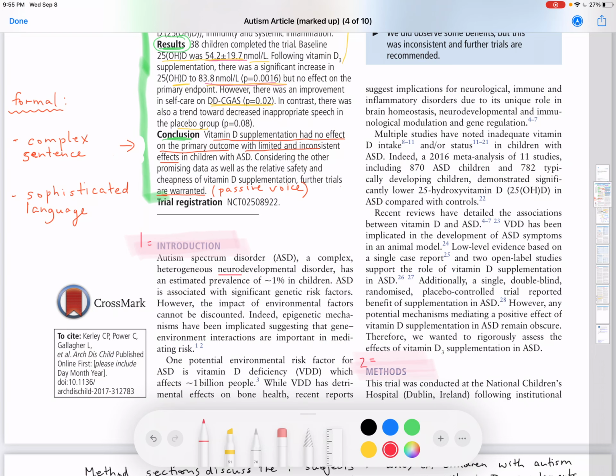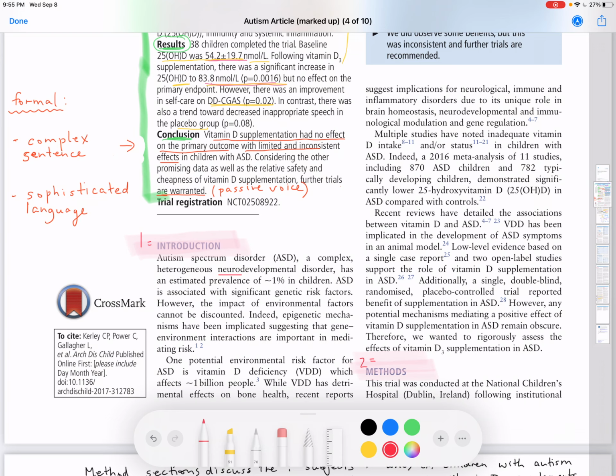Autism spectrum disorder, ASD, a complex or complicated, heterogeneous neurodevelopmental disorder, has an estimated prevalence, an estimated rate of approximately 1% in children. ASD is associated with significant genetic risk factors. Significant.